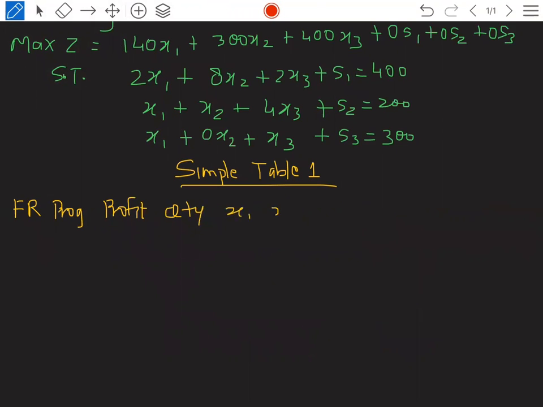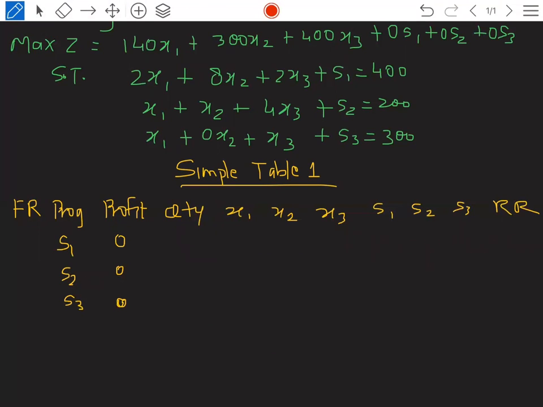Then we have x1, x2, x3, s1, s2, s3, and then the last column of replacement ratio. As we have seen in the previous videos, we always start with the slack variables s1, s2, and s3, assuming that all our resources are idle. We know the profits on these idle resources as of now is 0.